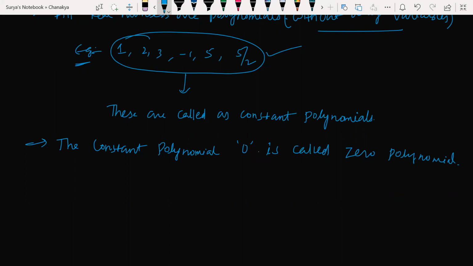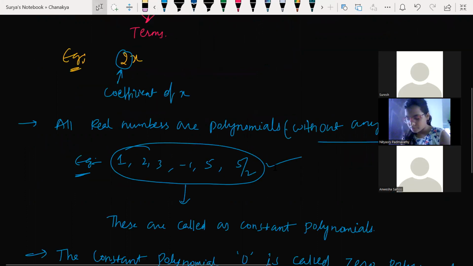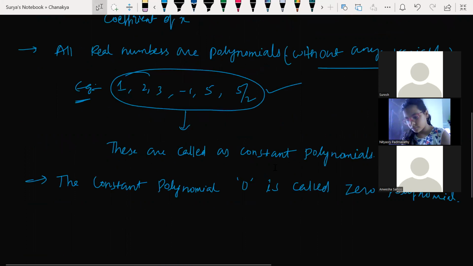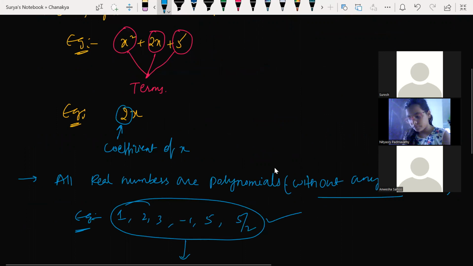Quick. Understood, guys? Here what we are writing, polynomial is nothing but, what are the polynomials? All real numbers are polynomials here. Okay. So I just told you what is term here, what is coefficient here.